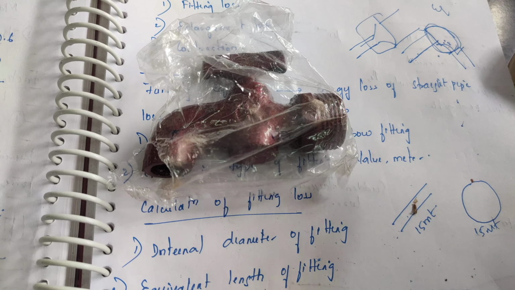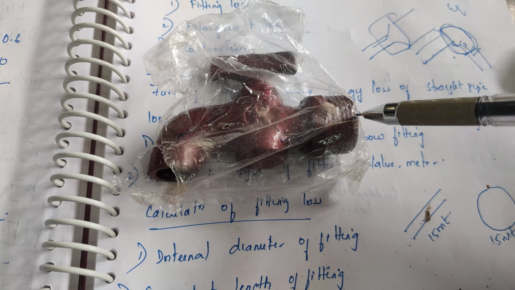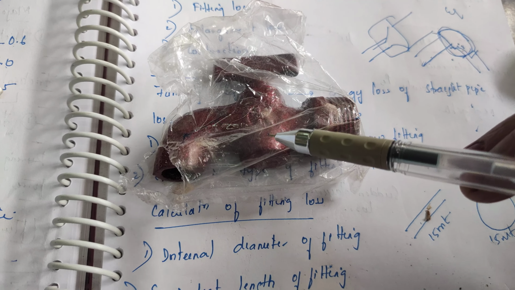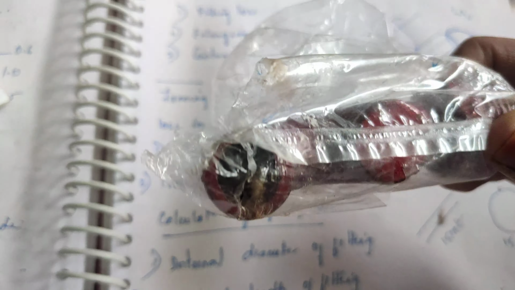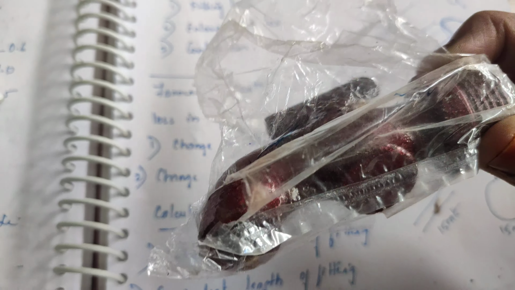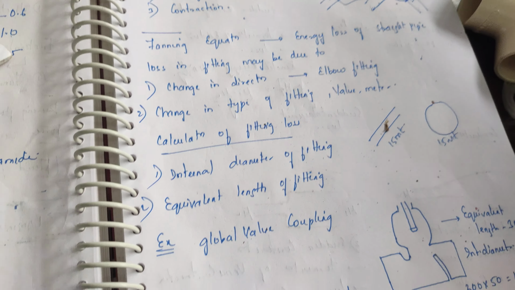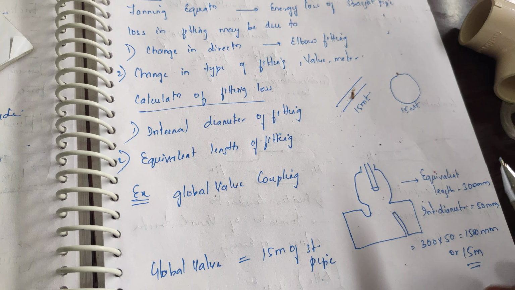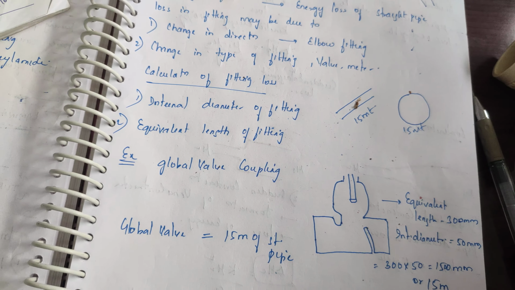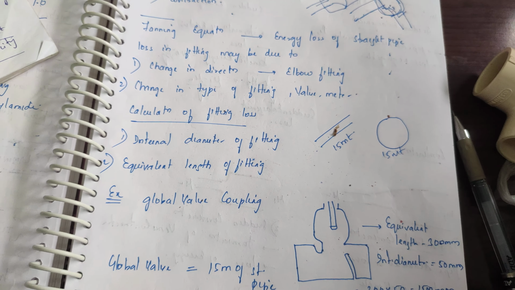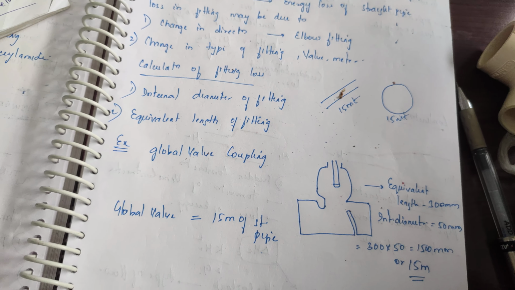So whatever velocity it has coming from this way, it has to maintain its velocity and pressure in this part and this part and this part. This type of fitting you usually find at home also. These are called globe valve and coupling. A coupling will be of different shapes, and some couplings are used for connecting 2 to 3 pipes also.